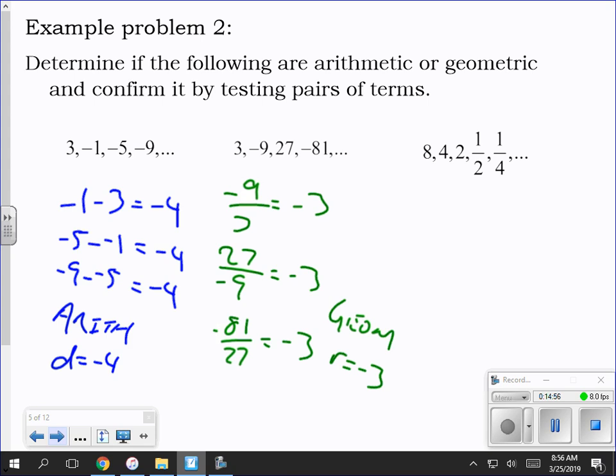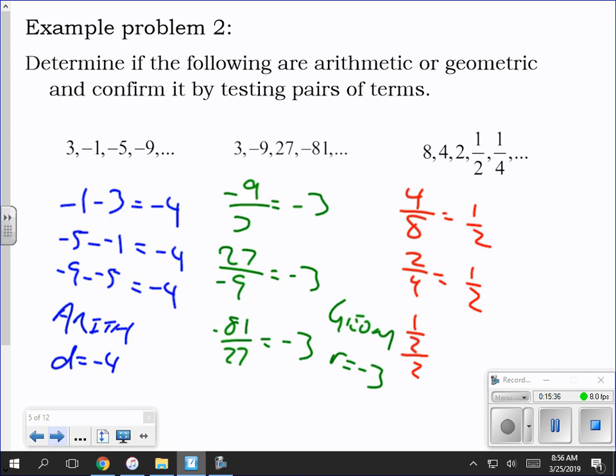So I look at the last one. It does not appear arithmetic, but we can try it. I would need to subtract 4, and then subtract 4 again. That doesn't work. So geometric? Let's see what I get. 4 divided by 8 is 1/2. 2 divided by 4 is 1/2. 1 divided by 2 is 1/2, but 1/2 divided by 2 is not 1/2.